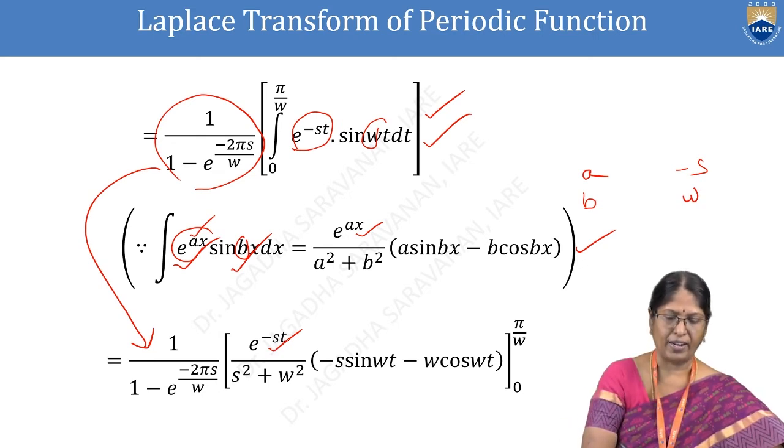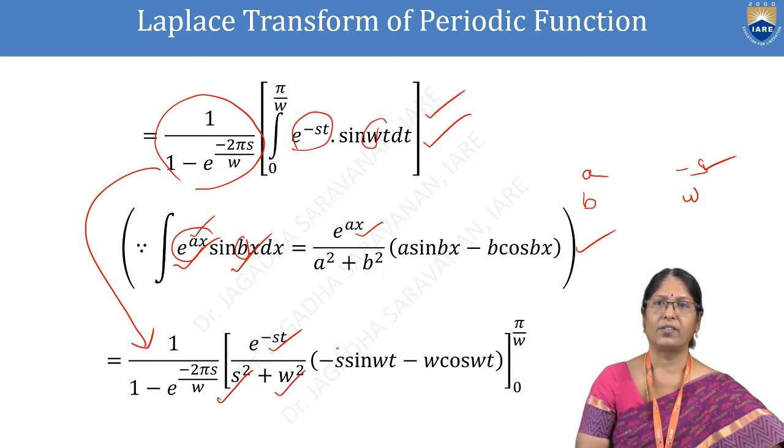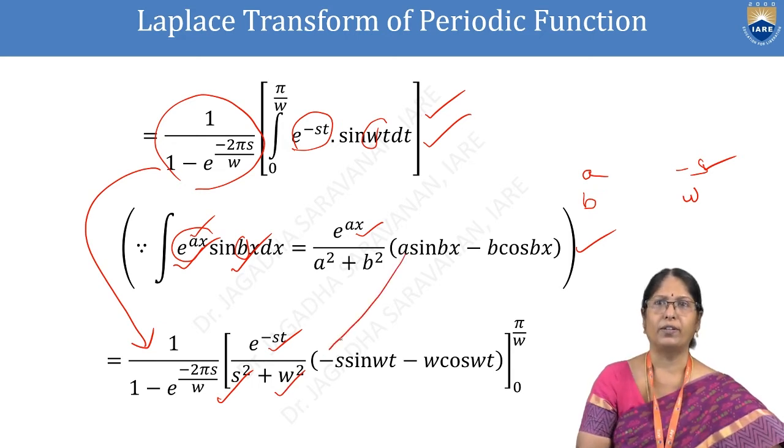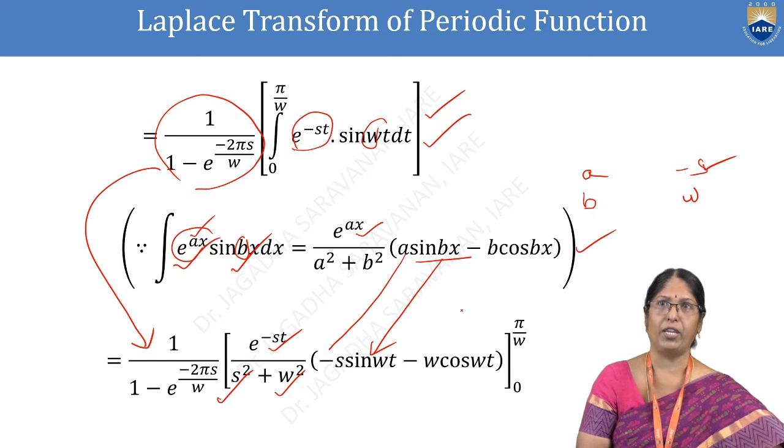So e power ax, in place of a we substituted minus s. By a square, that is s square, plus b square, that is w square. So here in place of a we substituted minus s, sine bx, that is sine wt.